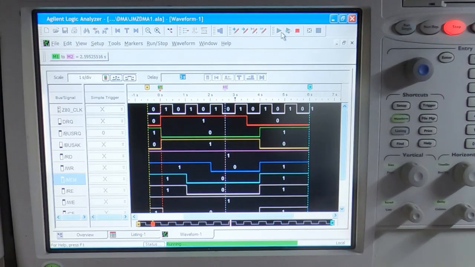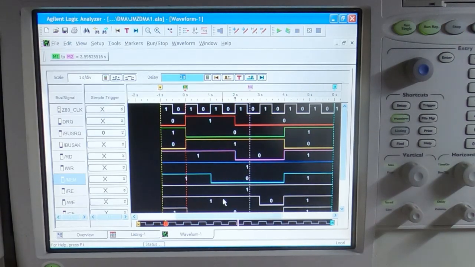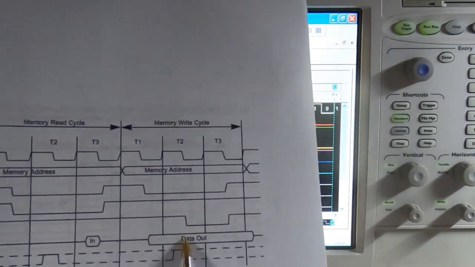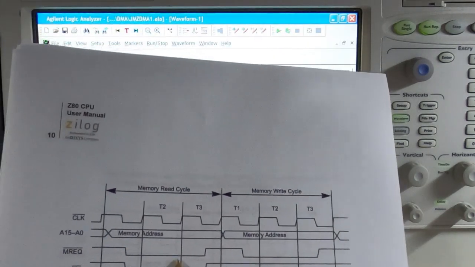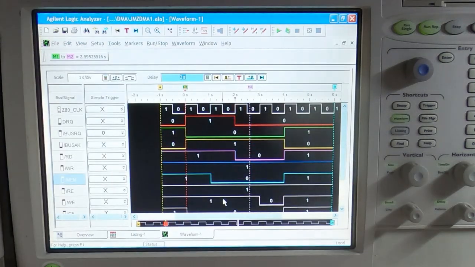So we'll arm the analyzer, start the process by taking the DRQ line high, stop the analyzer. Okay, so we've captured a write cycle. So notice this time we're getting something that looks like the write cycle from the Z80 datasheet as opposed to the read cycle we saw the first time, and we've got this short write cycle or write line phase here.